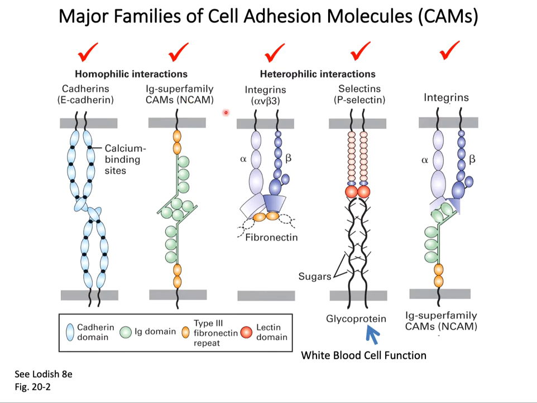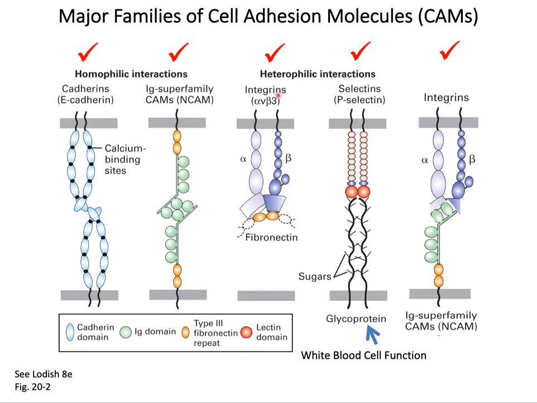An example of this is NCAM, or neural CAM, which is found in the nervous system, and it participates in homophilic interaction with CAMs on a neighboring cell. There is also evidence shown on the far right side that the Ig superfamily cell adhesion molecules can interact with integrins on a neighboring cell, and this would be considered a heterophilic interaction.